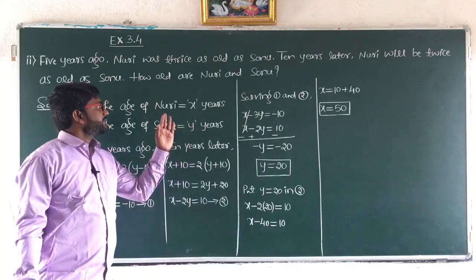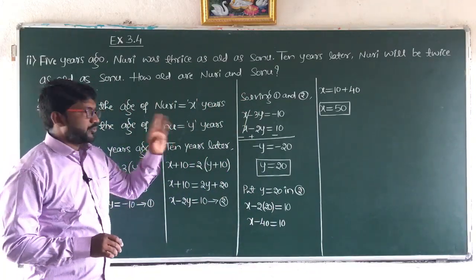So here x is the age of Noori and y is the age of Sonu.